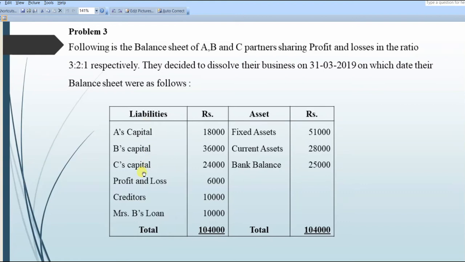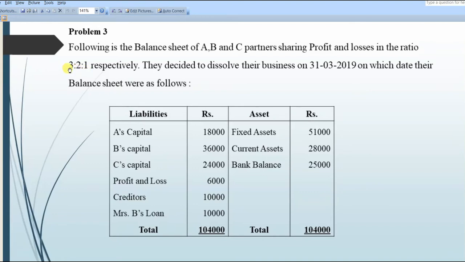So in this problem there is profit and loss of rupees 6,000. If profit and loss account is on the liability side, then it is profit. If profit and loss is on the asset side, it is loss. So this is profit of 6,000. It should be distributed among the partners as per their profit sharing ratio, which is 3:2:1.